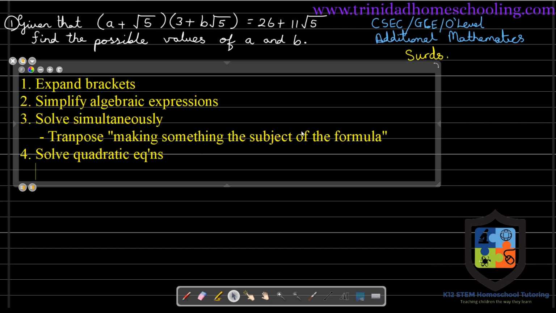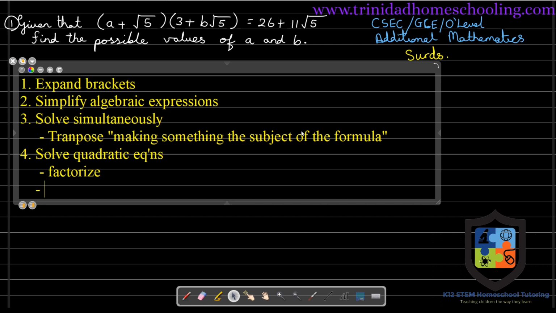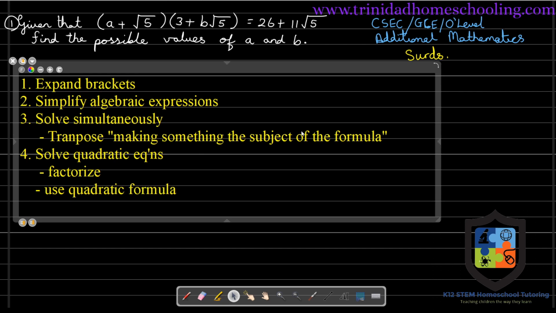And to do this, you would need to know how to factorize quadratic equations, or how to use the quadratic formula.